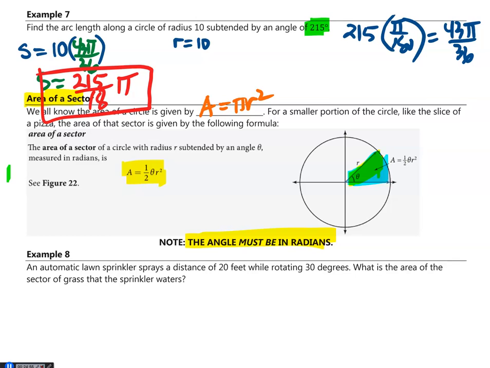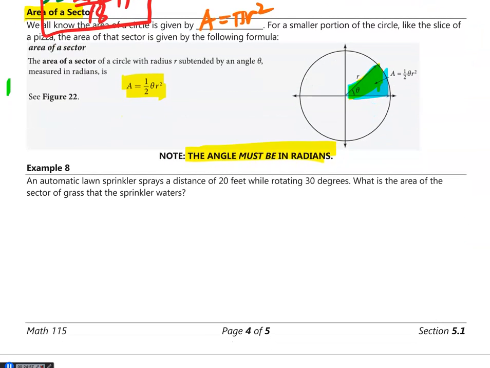So an example: an automatic lawn sprinkler sprays a distance of 20 feet while rotating 30 degrees. What is the area of the sector of grass that the sprinkler waters?